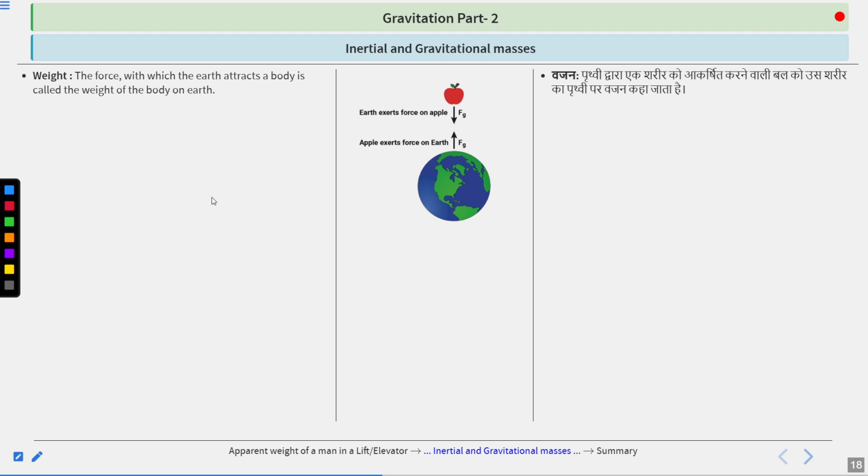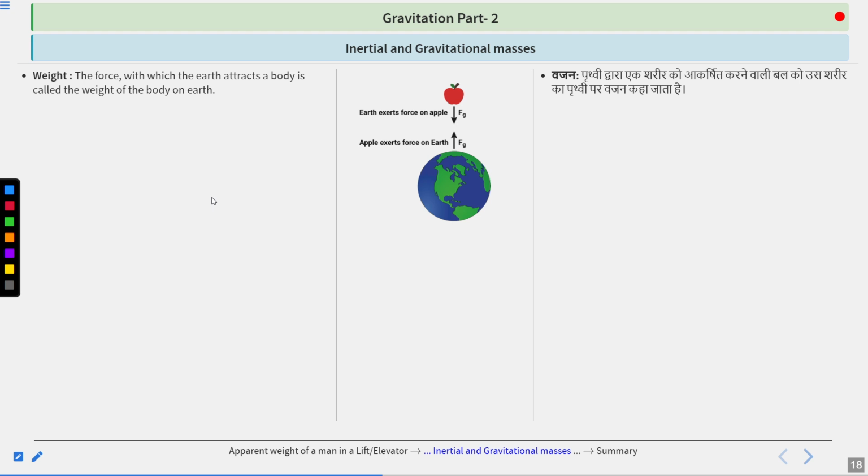So, if we go by the weight, we could say the force with which the earth attracts a body is called the weight of the body on earth. Like we know, earth attracts everything towards its center, whether it's on the surface of earth or in the proximity of the gravitational pull of the earth. Similar things happen with the body.